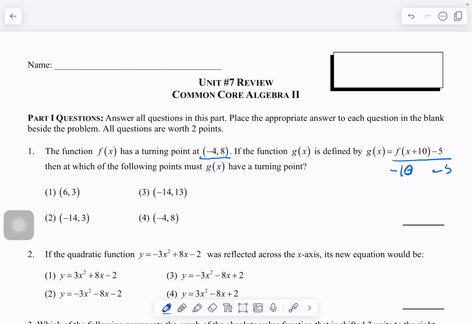So that's also negative. So we take the x coordinate, -4, and subtract 10 from it. Then we take the y coordinate, which is 8, and subtract 5 from it. Okay, so we get the coordinate (-14, 3), which is choice number 2.